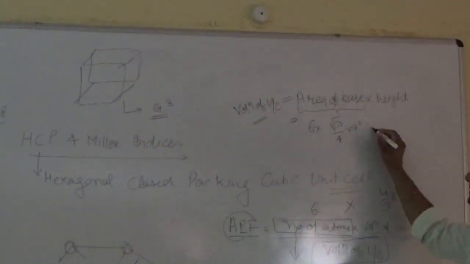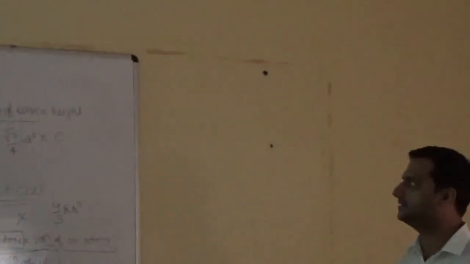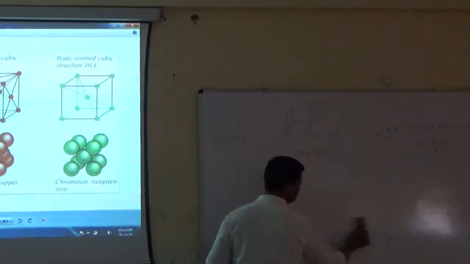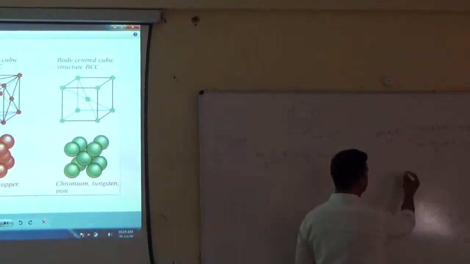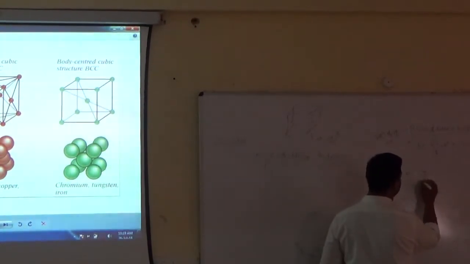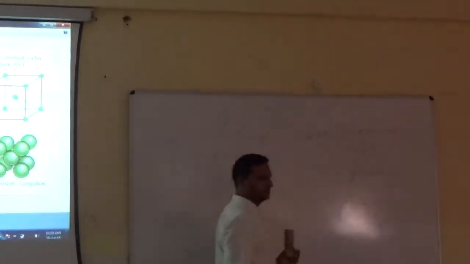And let us say the height of this unit cell is C. Then what we obtain is that the volume of unit cell is equal to 3 by 2 root 3 A square multiplied by C.